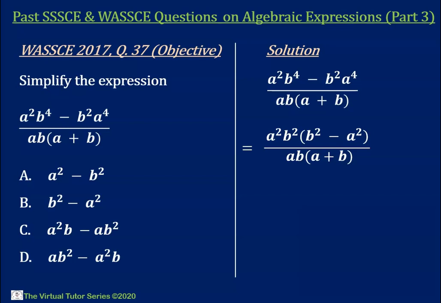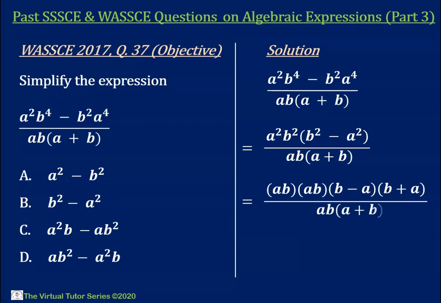We can rewrite a squared b squared as (ab) times (ab). B squared minus a squared is a difference of two squares and can be factorized as (b minus a) times (b plus a), all over ab times (a plus b).